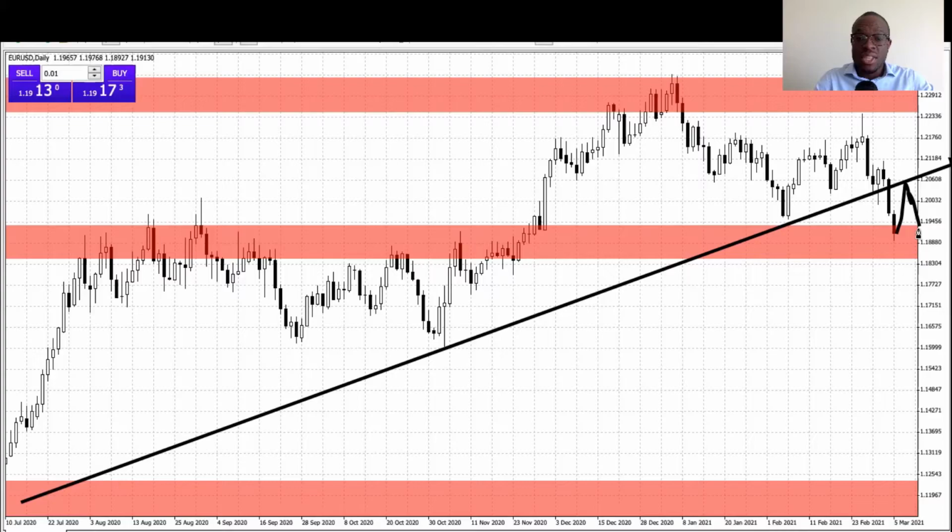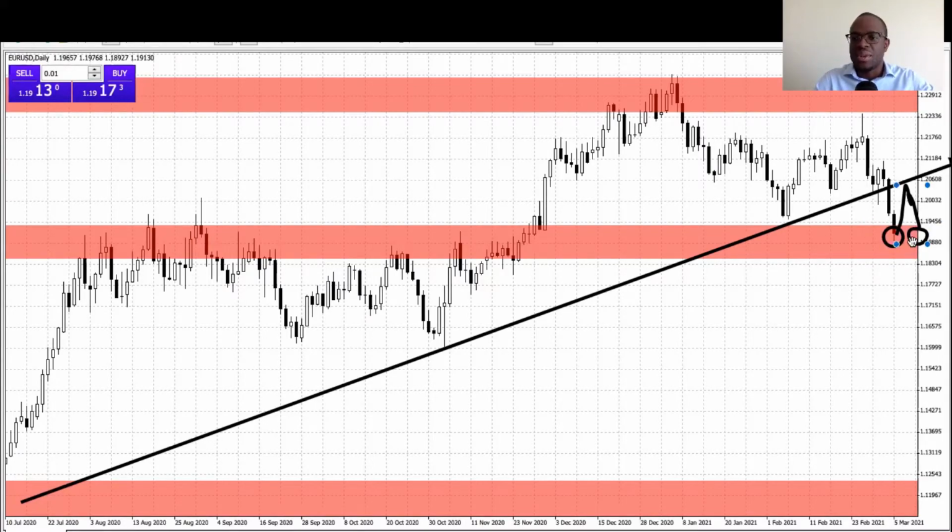Upon reaching this zone again, if this holds, this would be a double bottom, right? So we would be expecting the movement to the upside, confirming that this zone as a support zone has held, possibly coming to test that zone or breaking it and retesting it as a support zone before moving all the way up.